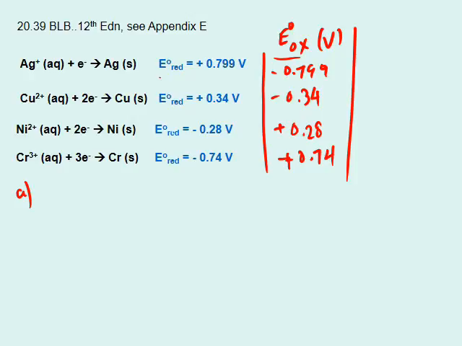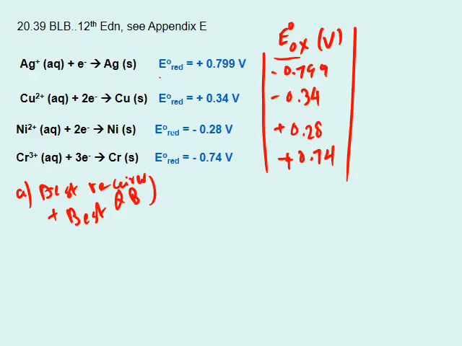Now, in order to do A, they're asking which combination would give the largest possible cell potential. I can quickly do it by getting the best receiver plus the best, in my analogy I use the term quarterback. So the best receiver and best quarterback would give you the best result.